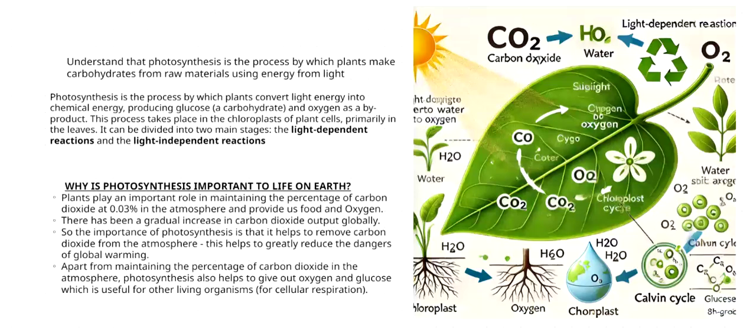The process of making food is called photosynthesis, but it is very important to understand first why photosynthesis is important for life on the earth. As you know, plants play a very important role. Definitely they give us food, and not only food, they utilize carbon dioxide.